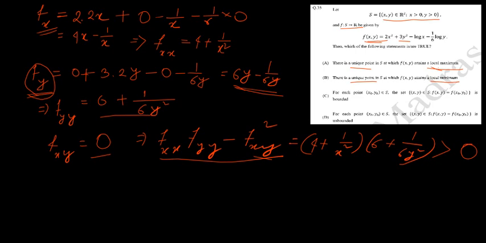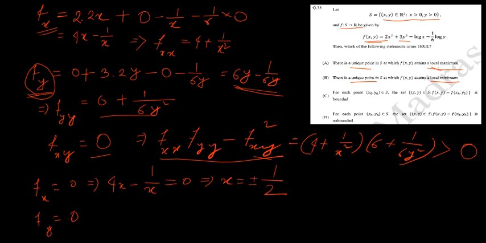To find this extreme point, I will put fx equal to 0 and fy equal to 0. For fx equal to 0, 4x minus 1 by x equals 0, so x equals plus minus 1 by 2.